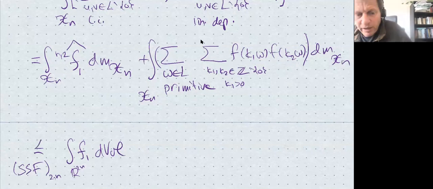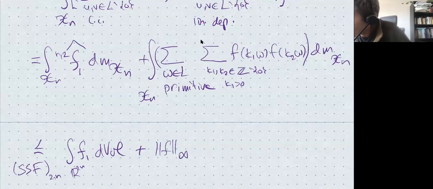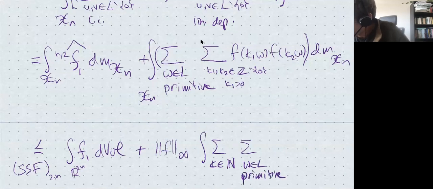So what I get looks like this. I'm going to get an upper bound here, and here I'm going to get the sup norm of f, and here I'm going to get the integral of the sum over k in N, and the sum over primitive w in L of f of kw.